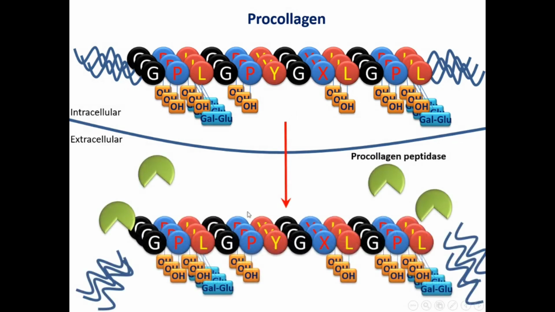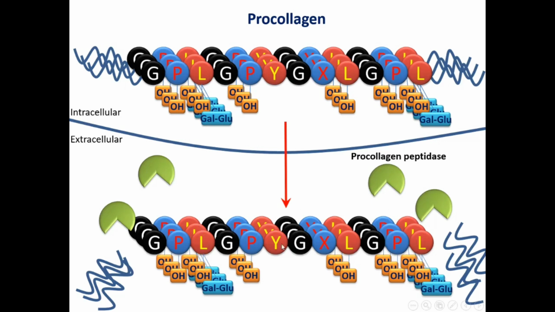Immediately after coming out of the cells, in the extracellular matrix, we have an enzyme, pro-collagen peptidase. We have this enzyme outside of the cells. After secretion, this enzyme removes the two terminal domains and just the central domain remains.